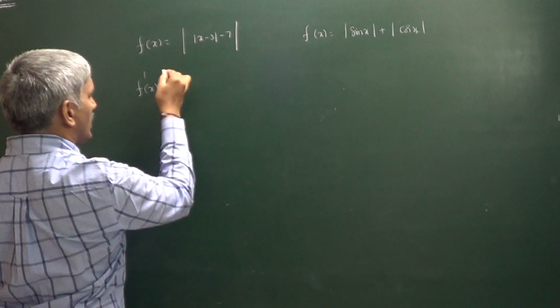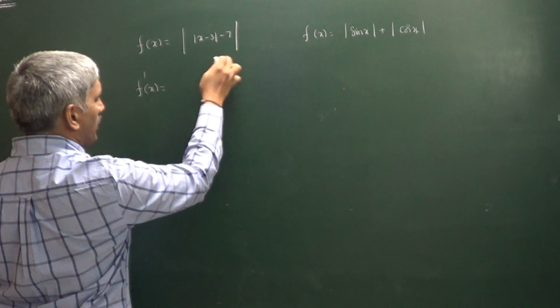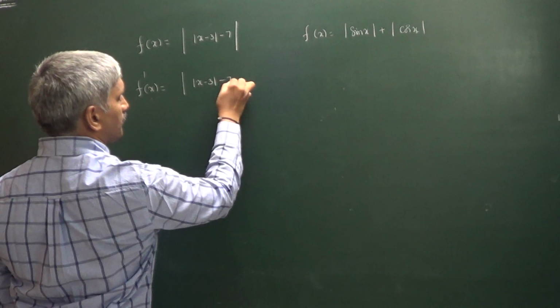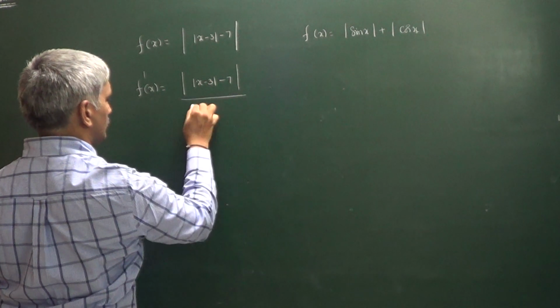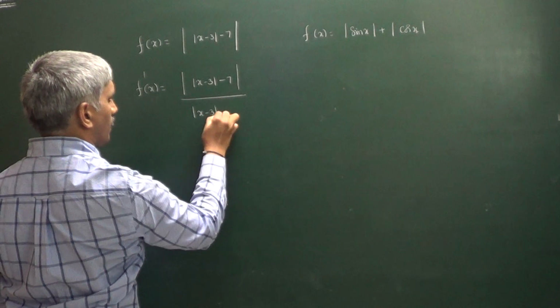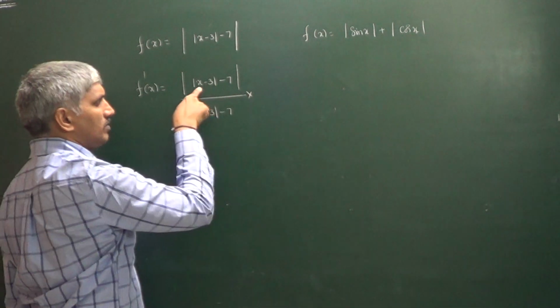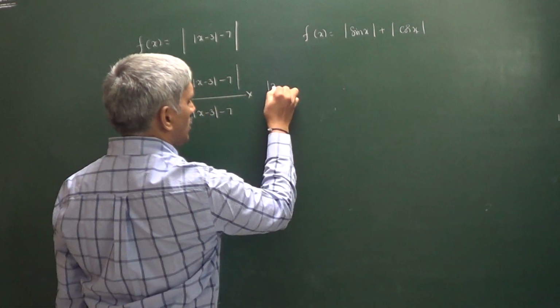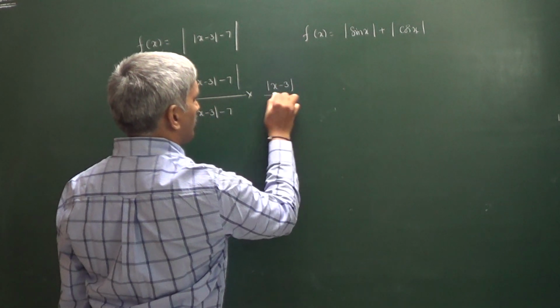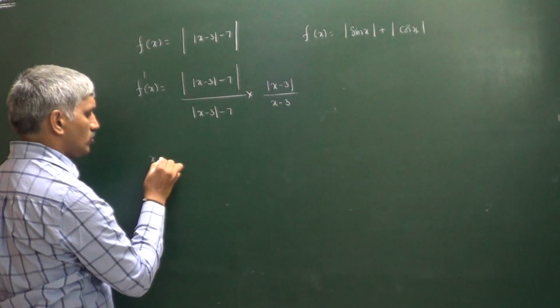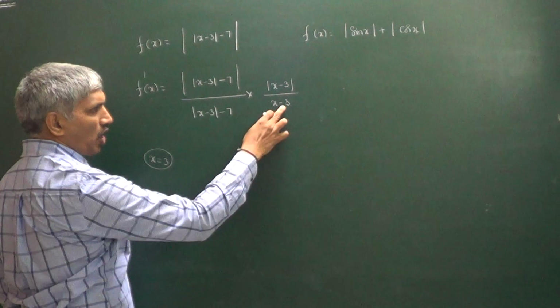f'(x) is equal to |x| differentiation, that is |x|/x, into inner function differentiation, |x-3|/(x-3). Now when x equals 3, it is not defined.